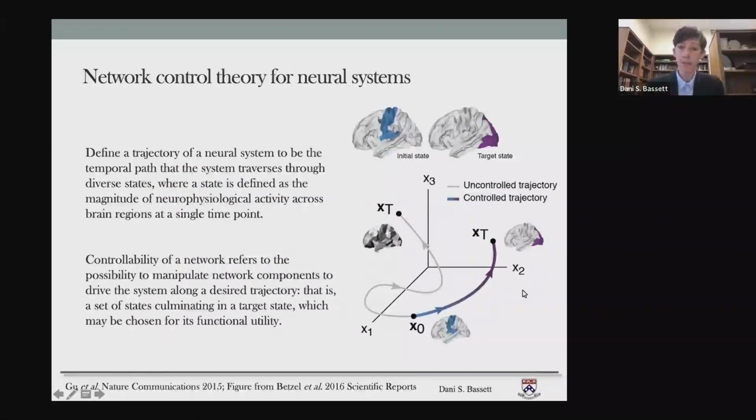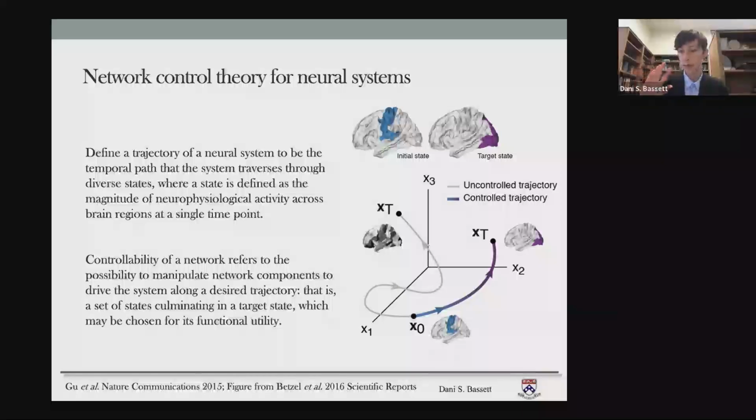Now, how would we take this idea and apply it to neural systems? Well, first we would define a trajectory of a neural system to be the temporal path that the system traverses through diverse states, where a state is defined as the magnitude of neurophysiological activity across brain regions at a single time point. So, for example, a single TR in fMRI data or a single time point in some other kind of imaging technique.